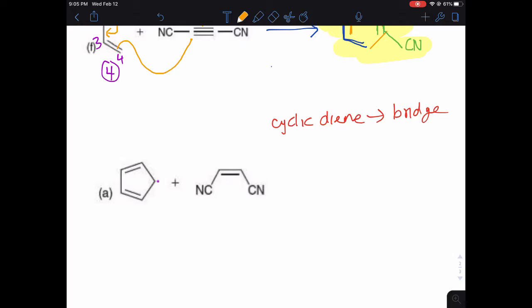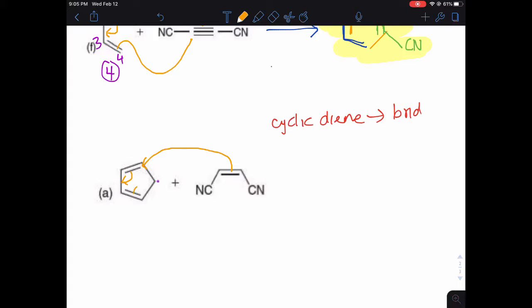So again, the dienophile will attack, but this time the question is, where would the dienophile attack? It will still attack from that carbon, the first carbon with the double bond, and then we're going to make a bond between this carbon and this carbon.